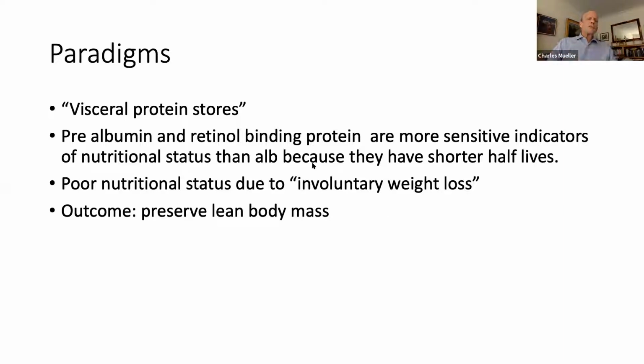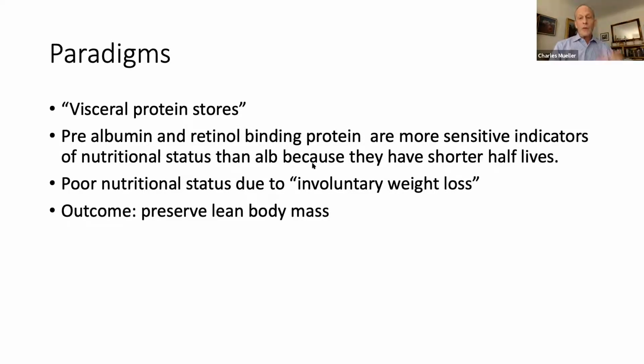So from these definitions, we developed a lot of paradigms in the 1960s, 70s, and 80s, and into the 90s. When I was training, I was told that we could evaluate somebody's visceral protein stores. And I thought, what's that? They happen to be prealbumin, albumin, and retinol binding protein.